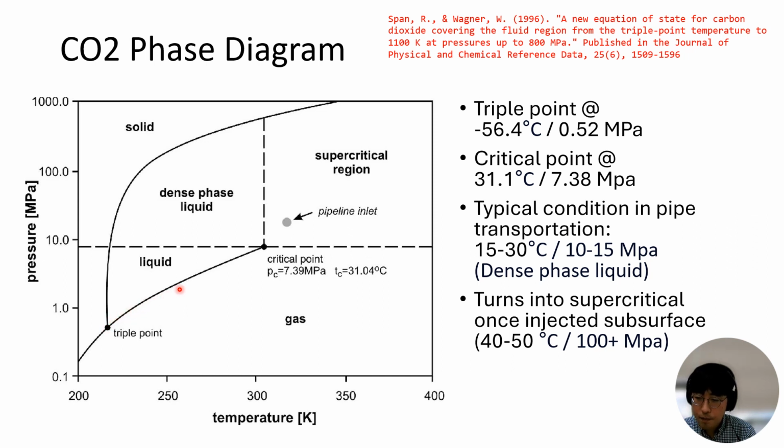After this, once the CO2 reaches a certain pressure and temperature, it reaches the critical state. And once we have a higher temperature and pressure than this critical point, then we will have a supercritical region where the CO2 has characteristics of both liquid and gas.